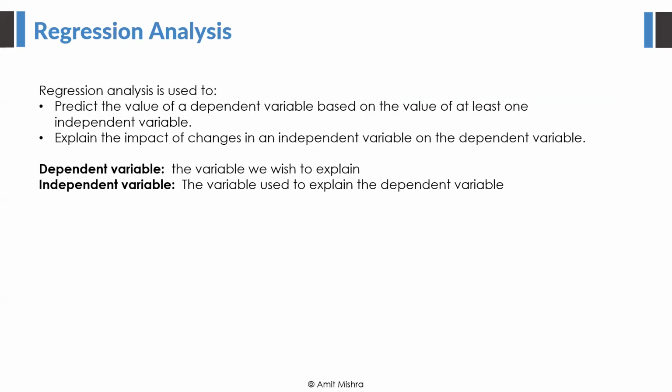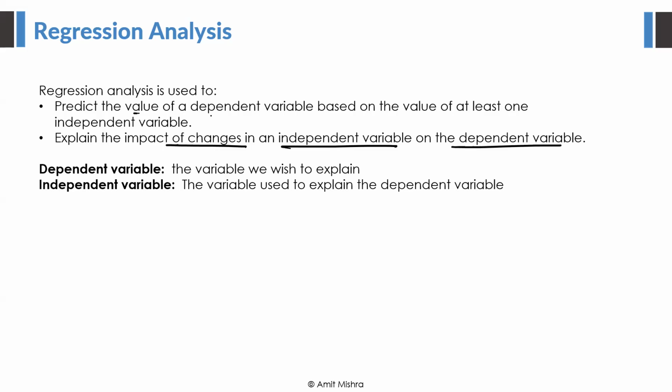Regression analysis is used to predict the value of a dependent variable based on the value of at least one independent variable, which explains the impact of changes in an independent variable on the dependent variable.